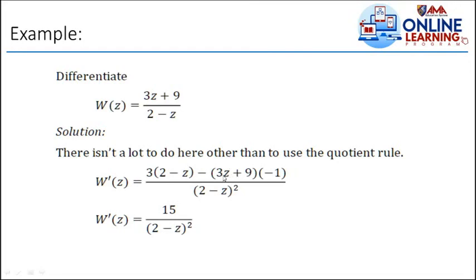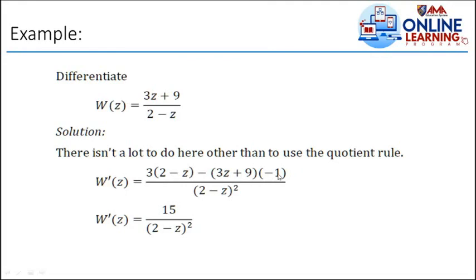We get its derivative: z to the 1 is 1, 1 times 3 is 3, z raised to 1 minus 1 is 0, so 3 times 1 is 3. So this is our v, this is our du. Minus u, then the derivative of a constant is 0, and the derivative of negative z is negative 1.